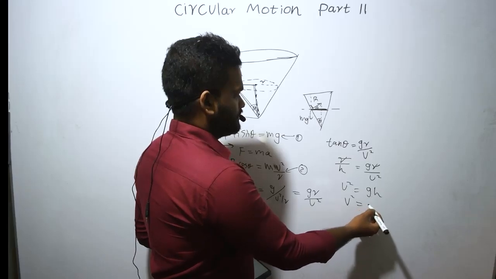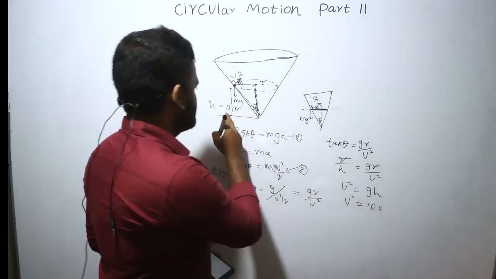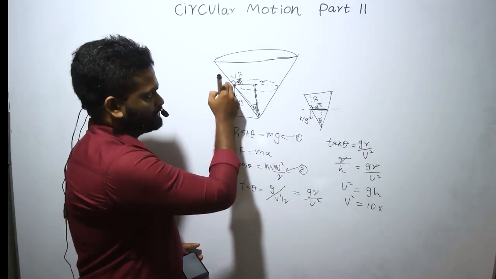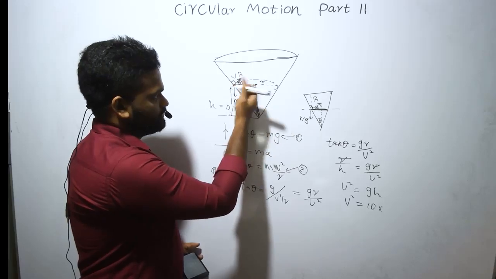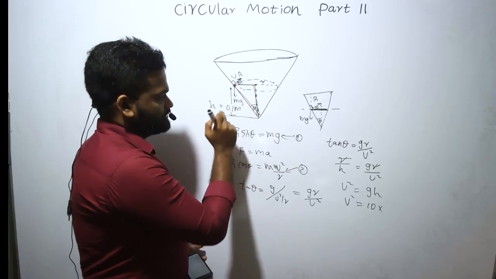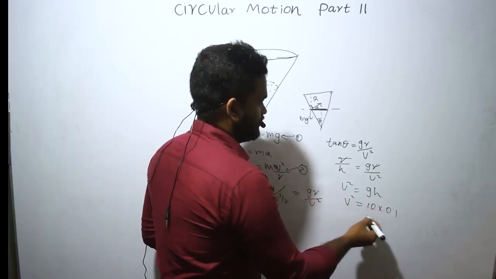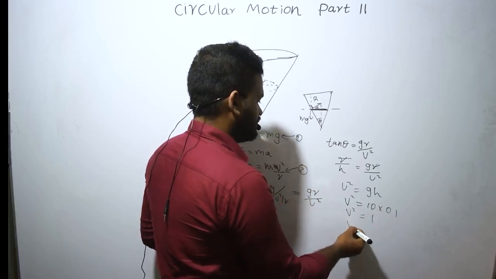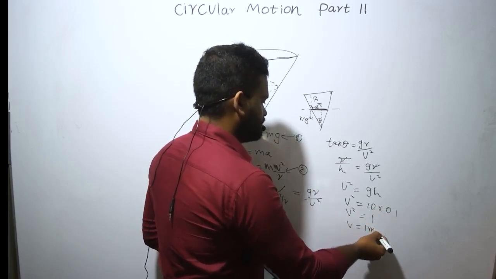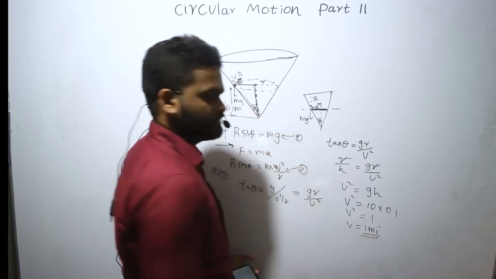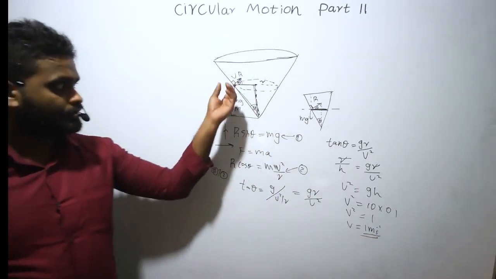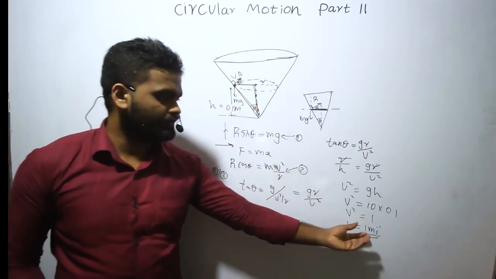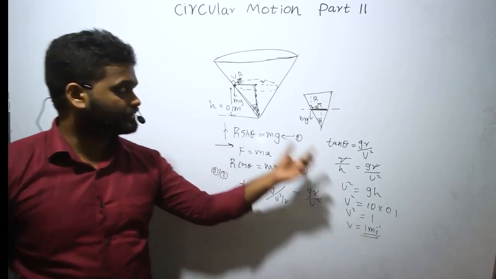g is 10, right? h is the height of the circular path. So that is 0.1. You have 10 times 0.1, that is 1. So v is equal to 1 meter per second, right? In order to have this motion, you need a speed of 1 meter per second.